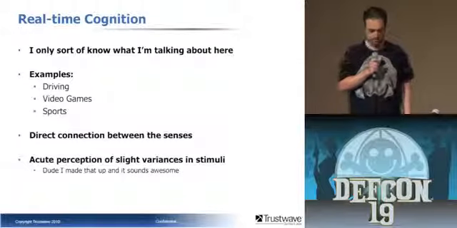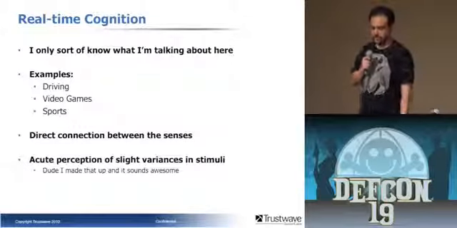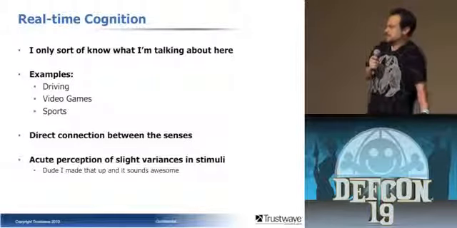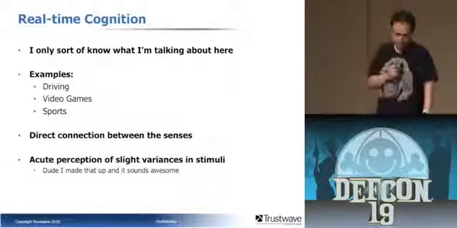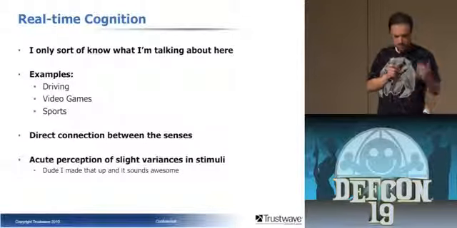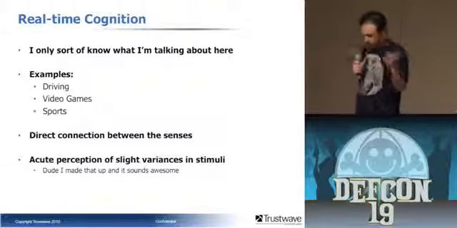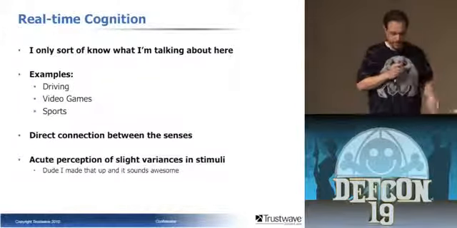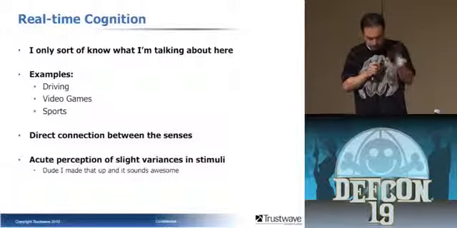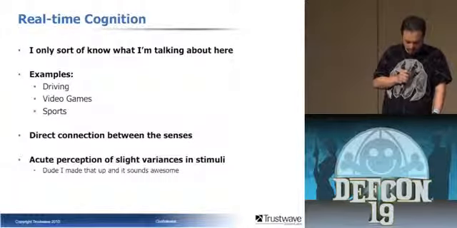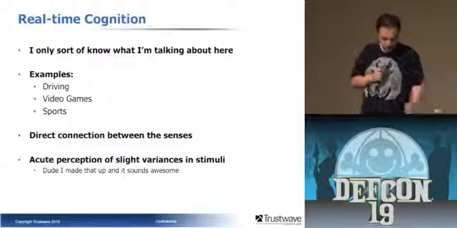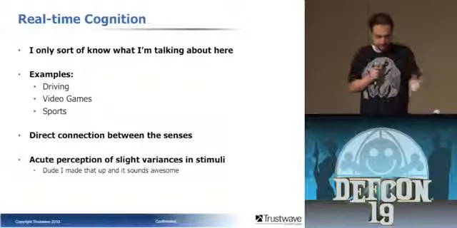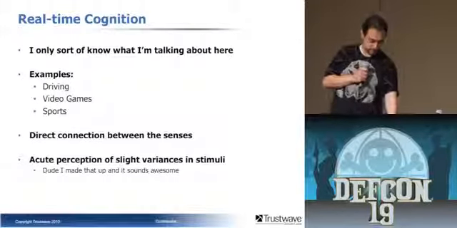There's a direct connection between the senses, so you're able to react to something. It's out of the corner of your eye, but you're able to do something about it. It's the same with video games, like sniper. You can get really good at that, but you're not thinking about it. You're just doing it. It's acute perception of sight variances and stimuli, which sounds awesome.